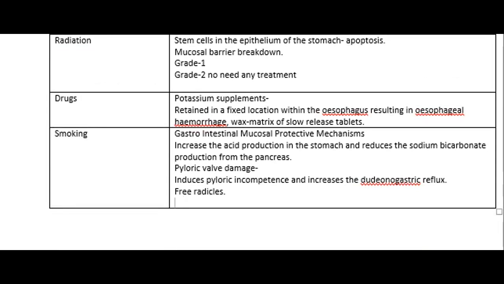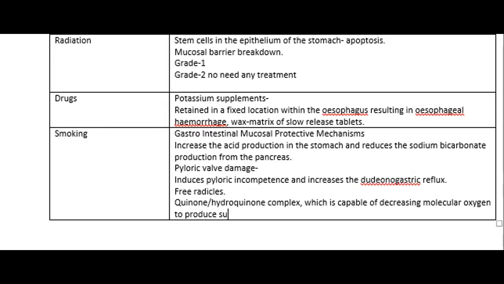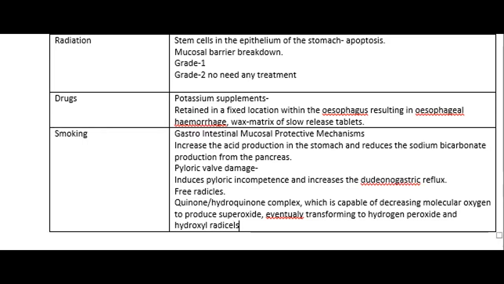In the cigarettes we have a quinone or hydroquinone complex, which is capable of reducing molecular oxygen to produce peroxide, and then eventually transforming to hydrogen peroxide and hydroxyl radicals, indicating that smoking induced free radicals promote gastric mucosal injury.